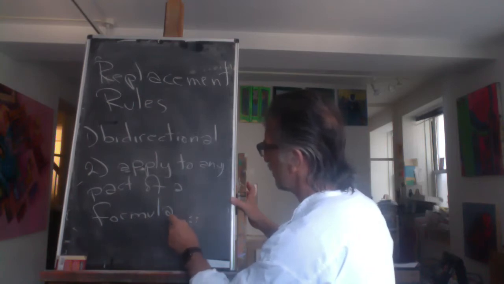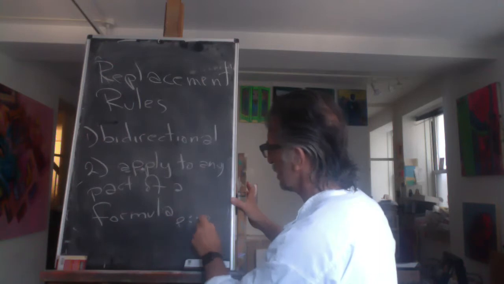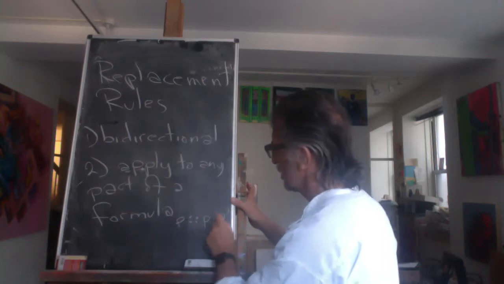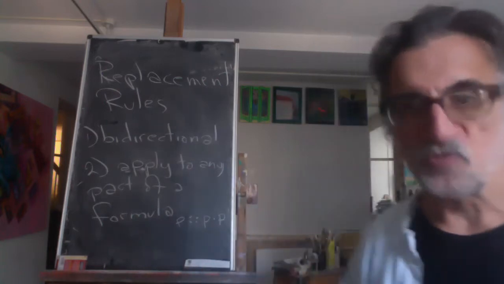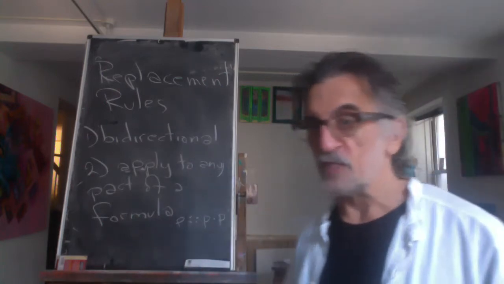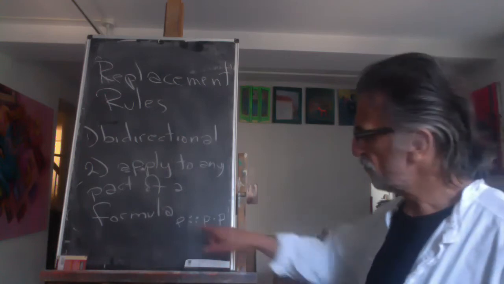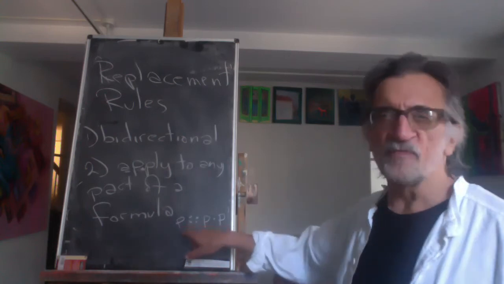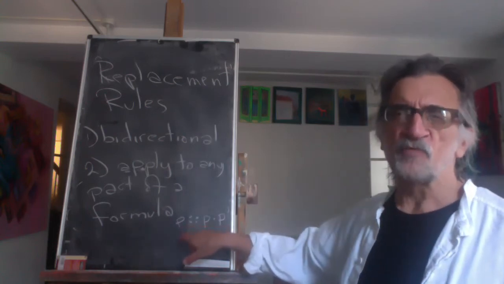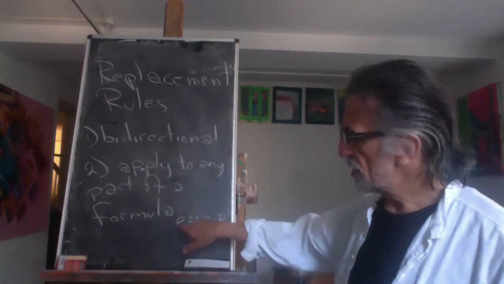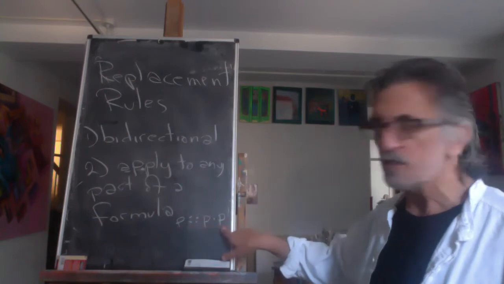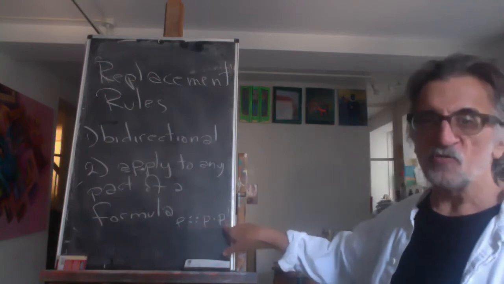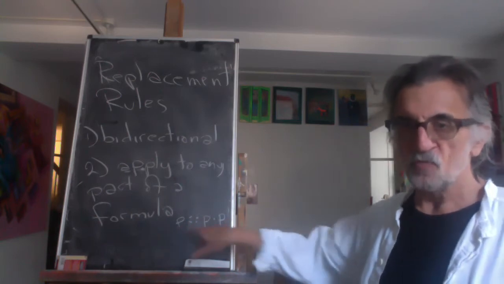So if we have P, and here we have P and P, that's one of the simpler replacement rules, although most of them are simple. And it's a notable fact about this replacement rule that as you can replace P with P and P, so too can you replace P and P with P.